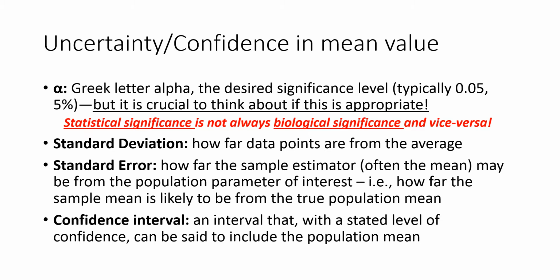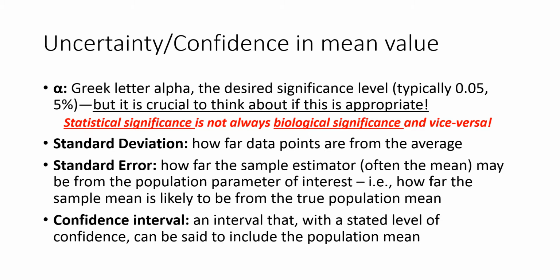So the standard error is how far our sample estimator, which is, when I say sample estimator, I'm meaning a mean or some other summary statistic, may be from the population parameter of interest. Remember, our statistical population. So how far is the sample mean that we collected, from our statistical sample, from the true population mean?